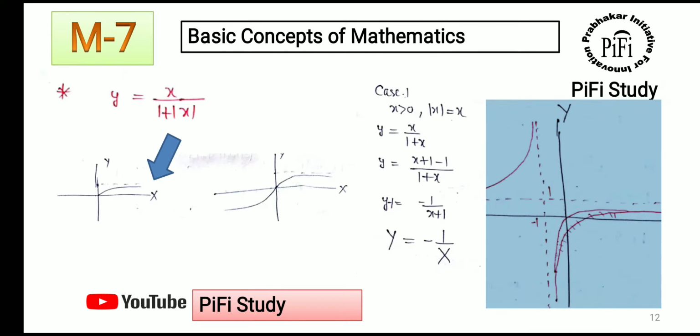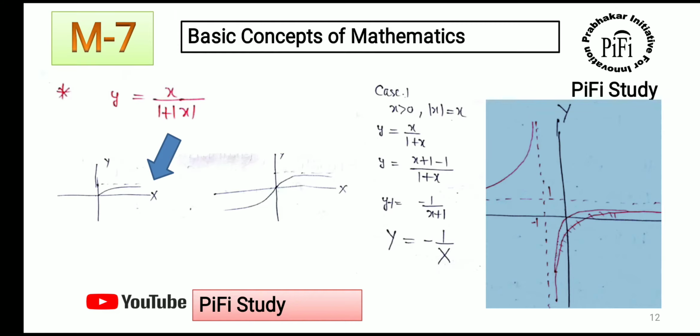Once you draw the hyperbolic function like this, in this question y minus 1 is there, that means y is equal to 1 plus minus 1 upon x plus 1, so your graph is shifted one unit to the upper side, then you will get it like this.